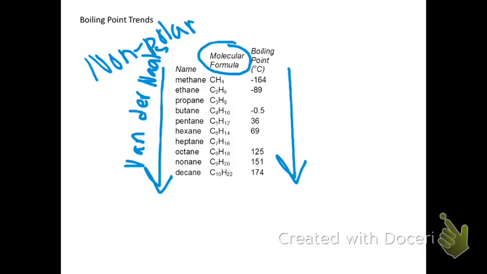The larger these molecules are, the more mass they have, the stronger the van der Waals forces, the higher the boiling points and melting points. That is a huge and important idea. So keep that in mind as we talk about these boiling point trends.